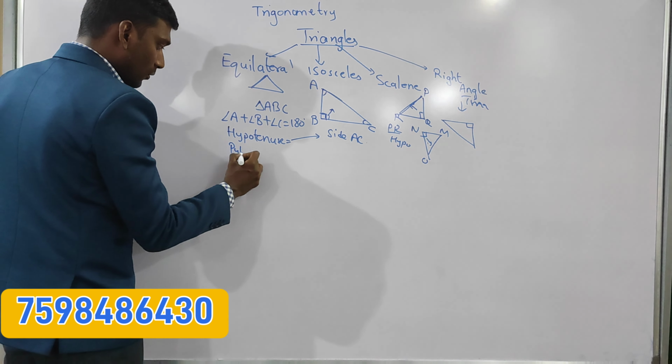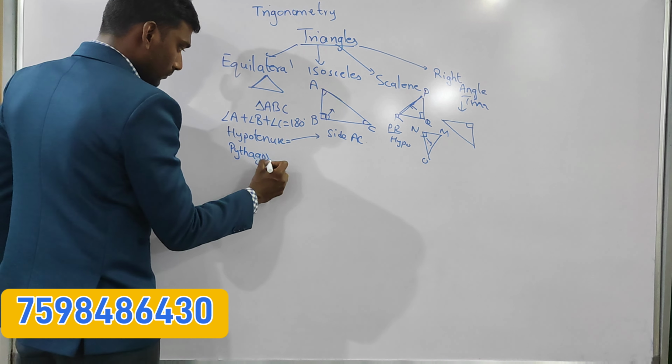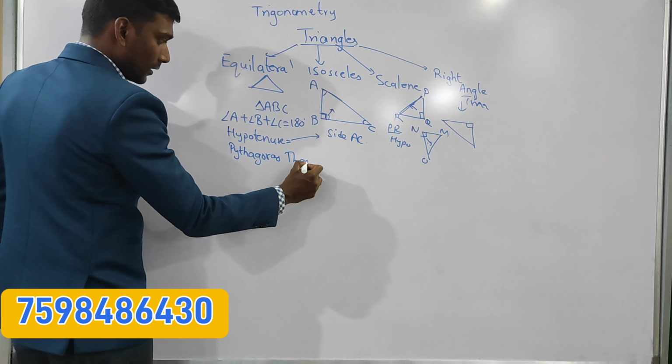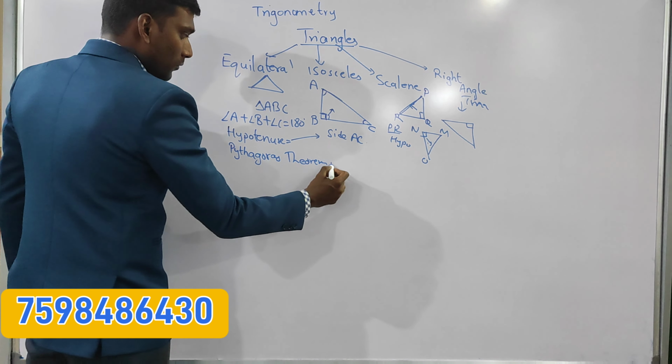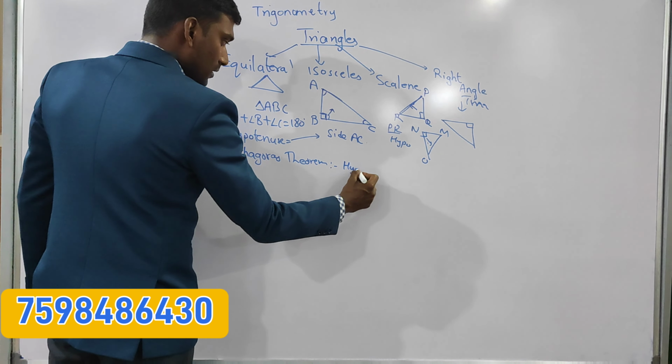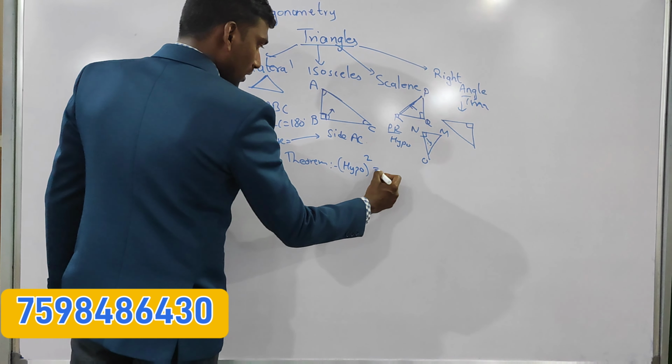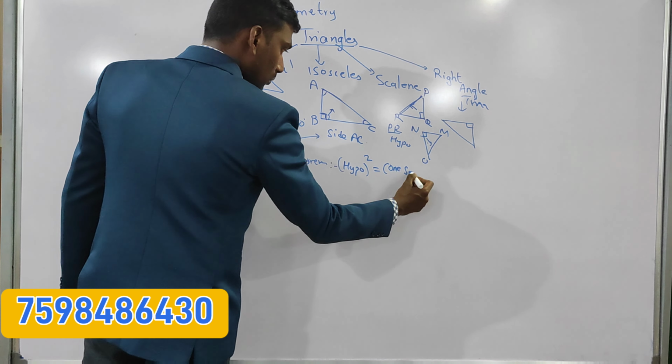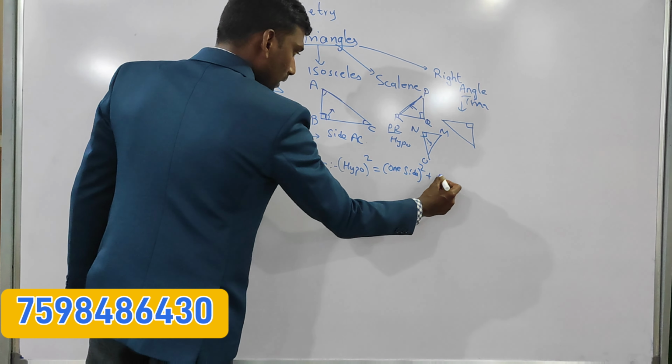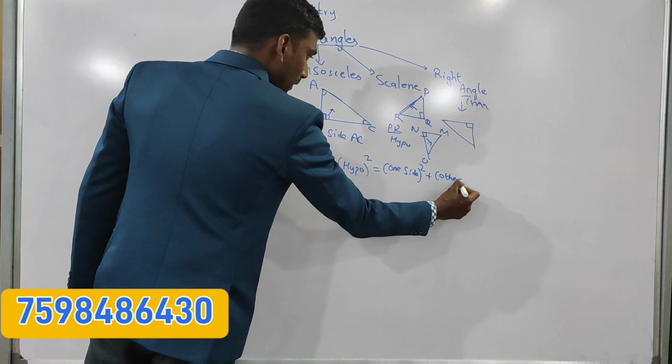Next you should know the Pythagoras theorem. The formula for this theorem is hypotenuse square is equal to one side square plus other side square.